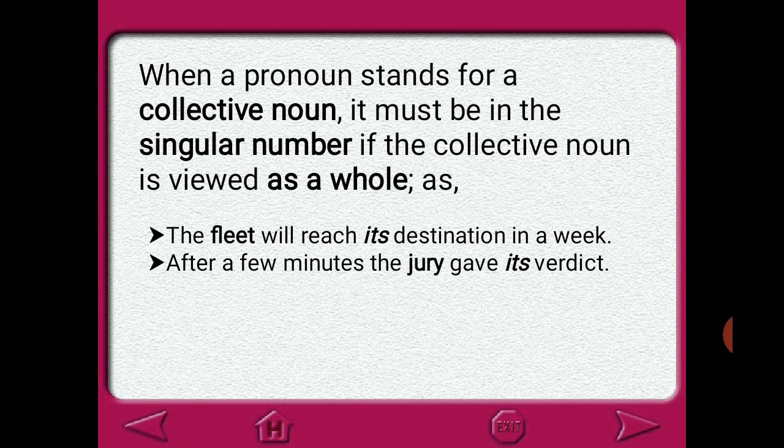The fleet will reach its destination in a week. After a few minutes, the jury gave its verdict. So the fleet is a collective noun. The pronoun that we have used for this collective noun is singular, like its. The same goes for jury, because this collective noun fleet and jury is viewed as a whole, not in an individual sense.